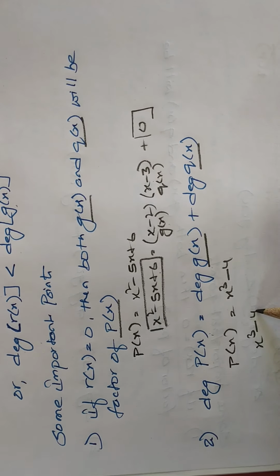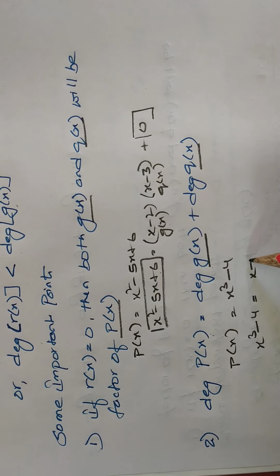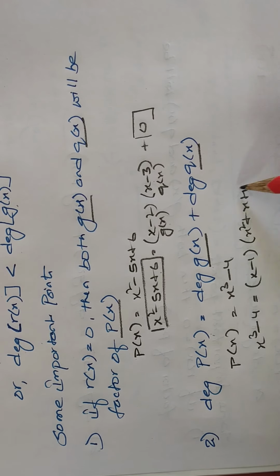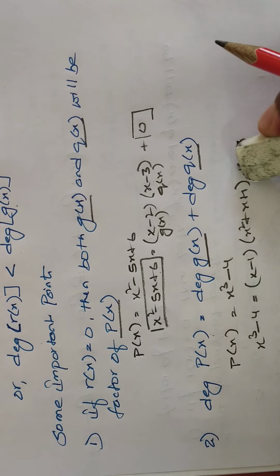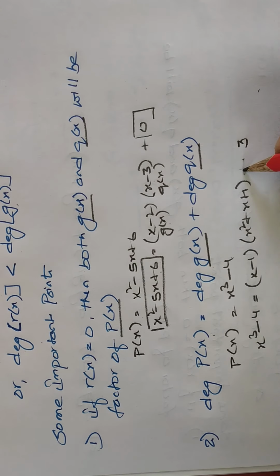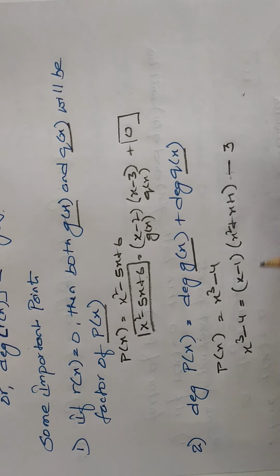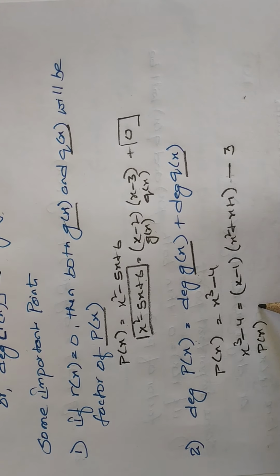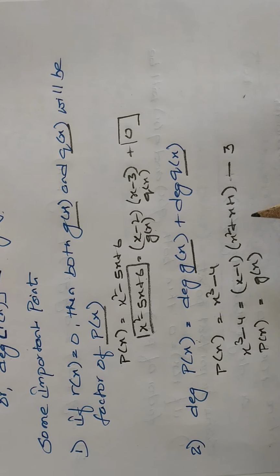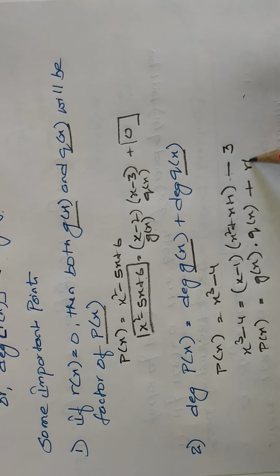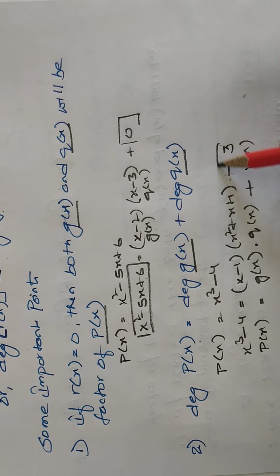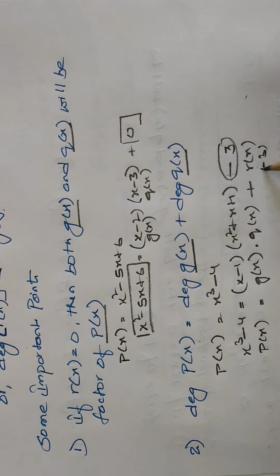If p(x), x cube minus 4, is divided by x minus 1, then the quotient comes out to be x square plus x plus 1, and the remainder will be minus 3. So in that case, this is the polynomial p(x), x minus 1 is the polynomial g(x), x square plus x plus 1 is the polynomial q(x), and the remainder polynomial is actually minus 3.